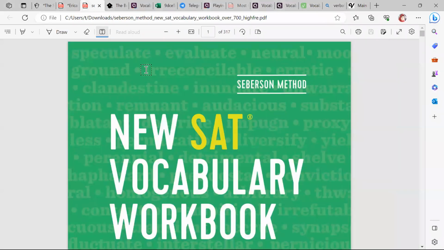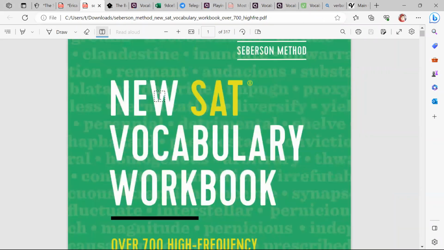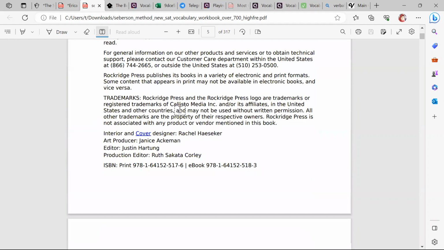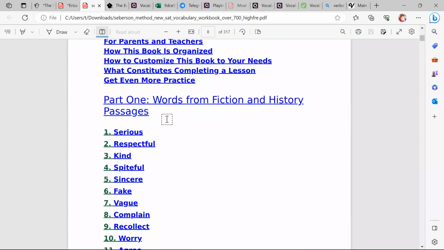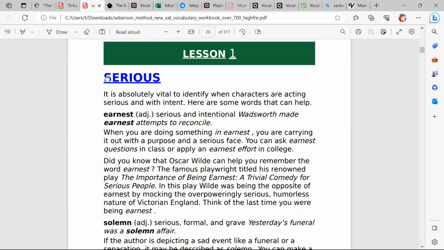So let me give you an example of these reliable books. This book, for example, is called New SAT Vocabulary Workbook. If you scroll down, you will find that the words are listed in chapters, and each chapter is entitled by a very common word, a very easy word. Everyone knows what serious means.